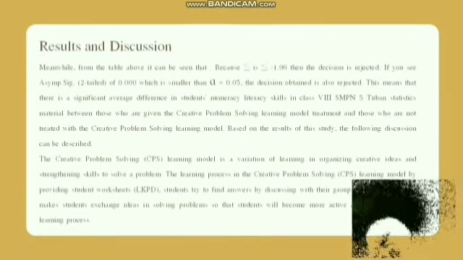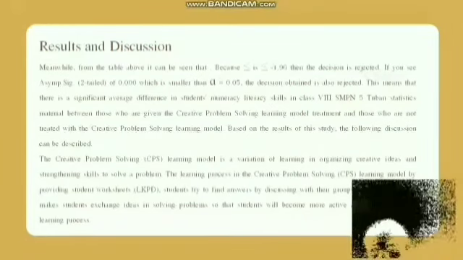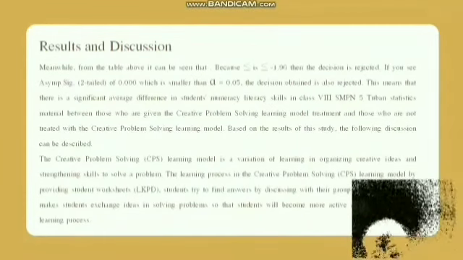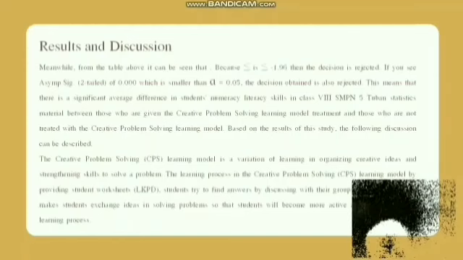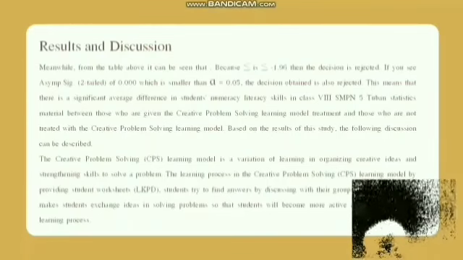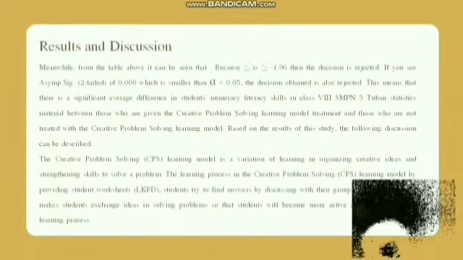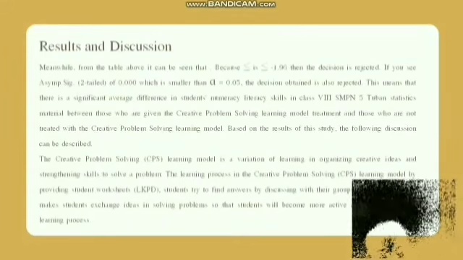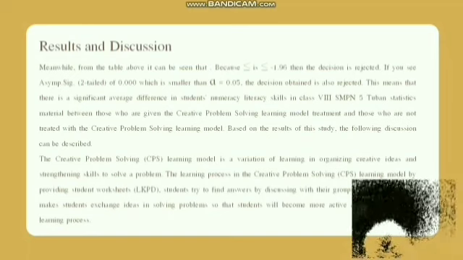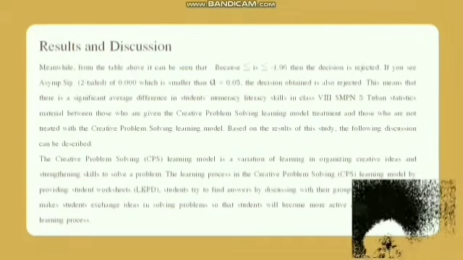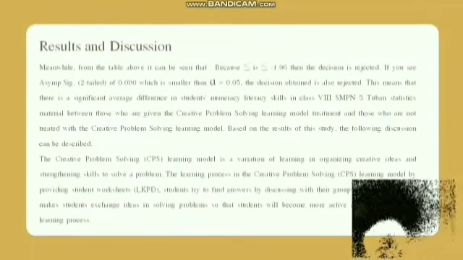Meanwhile, from the table above it can be seen that because Z count is less than or equal to Z table, 1.96, then the decision is rejected.